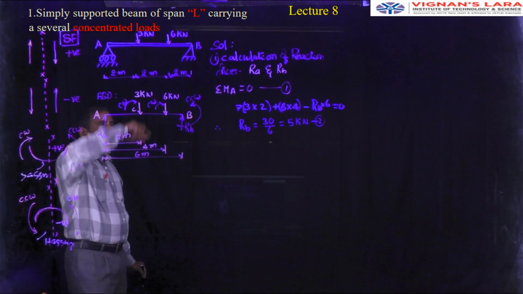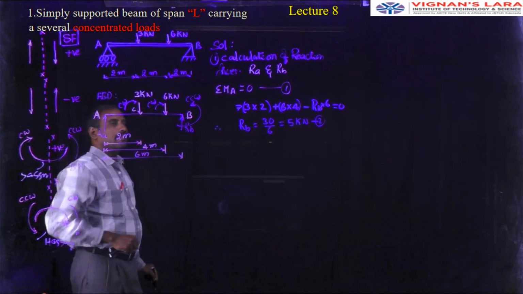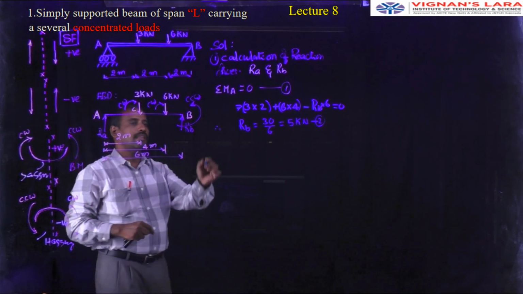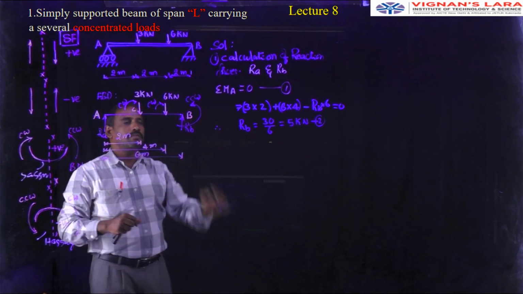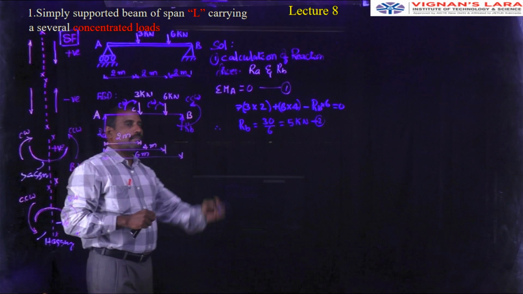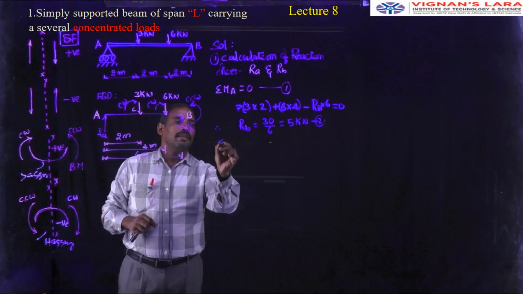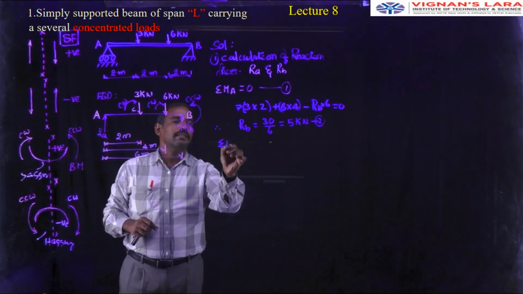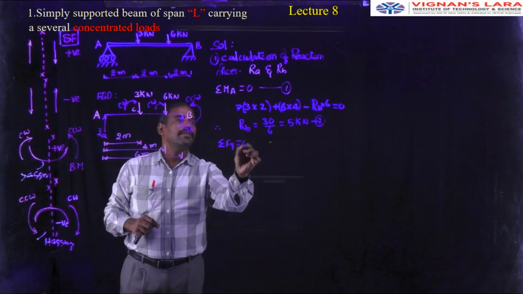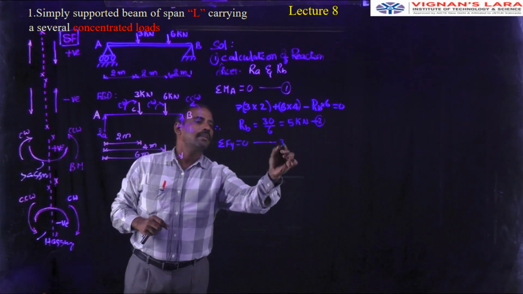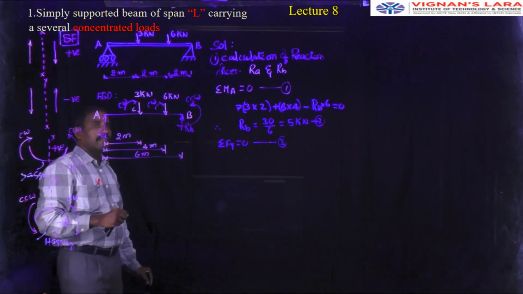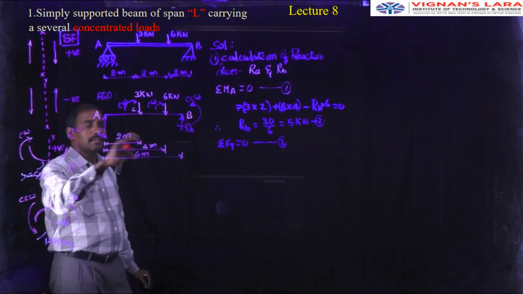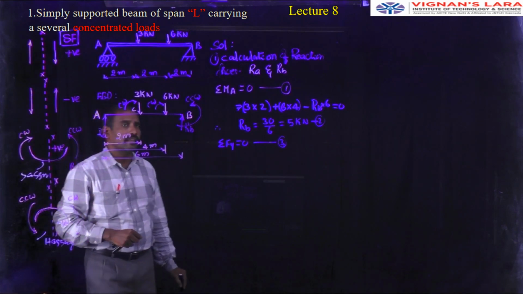Now calculate the RA value. As we know, there are two vertically upward forces and two vertically downward forces. It means resolving the forces along the y-axis and applying the condition of equilibrium, represented by equation number 3. Here the vertically downward forces are taken as positive, and the vertically upward forces are taken as negative.